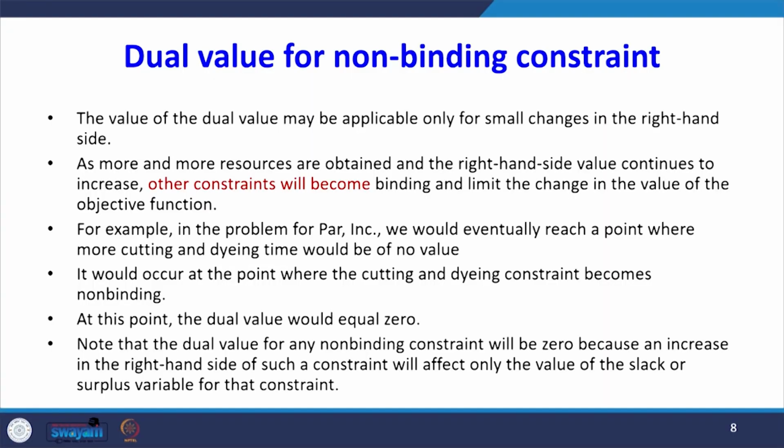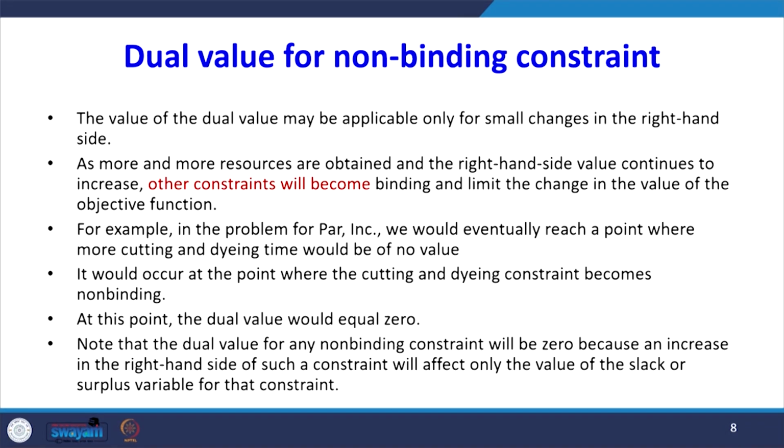The dual value may be applicable only for small changes in the right hand side, for example, 1 unit increase or 10 unit increase. As more and more resources are obtained and the right hand side value continues to increase, the other constraint will become binding and limit the change in the value of the objective function.